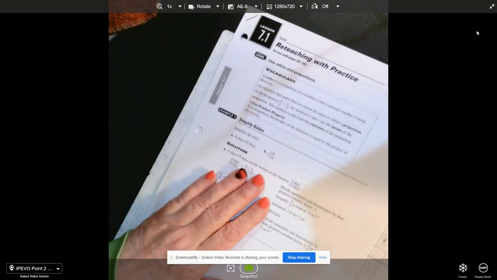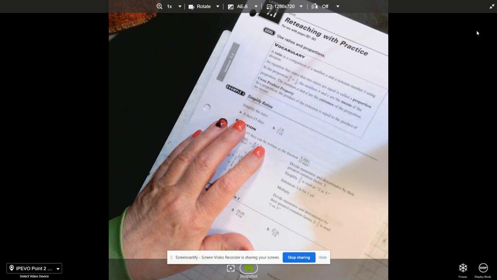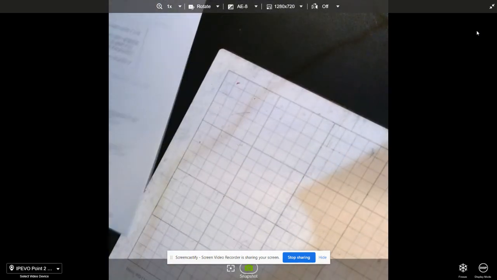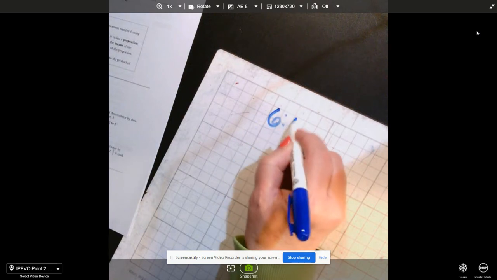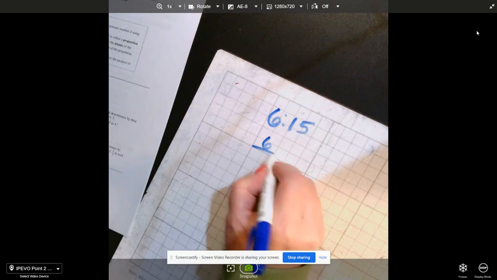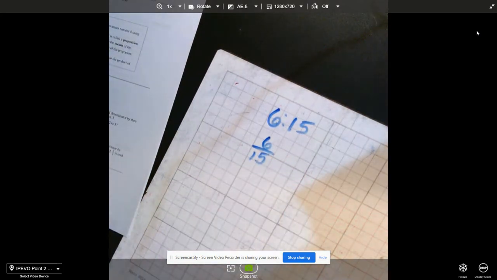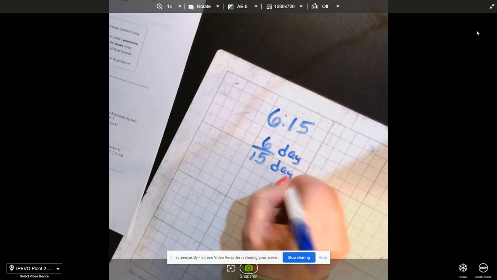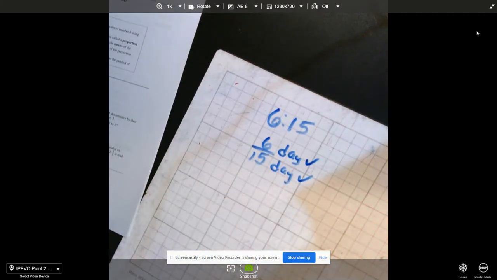The first thing you need to look at here is 6 days over 15 days. You can write a ratio like this, 6 is to 15, or you can write it 6 over 15. Either way, it's really saying the same thing. In any case, you always want to reduce your fraction. Now, 6 is in days and 15 is in days, so your units are the same, so that's fine.